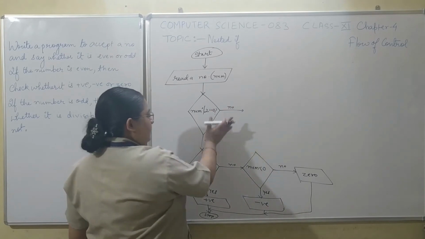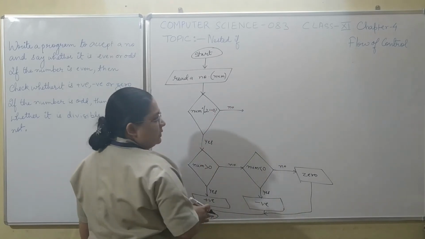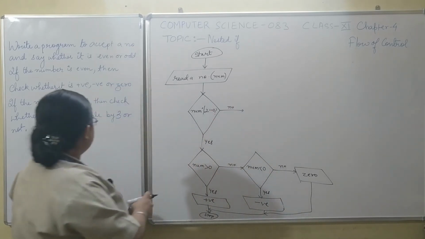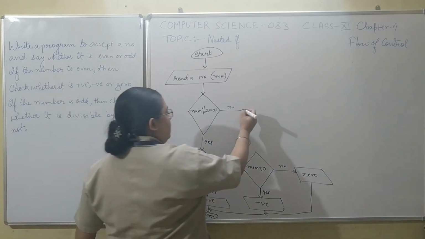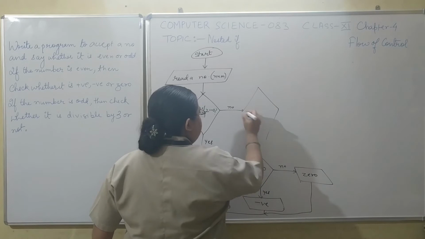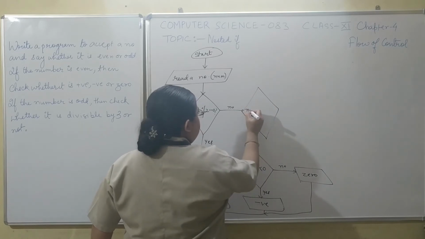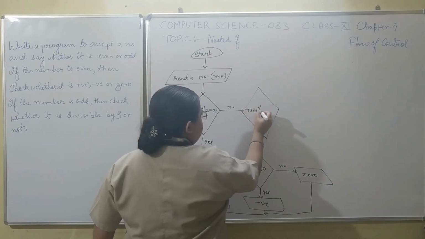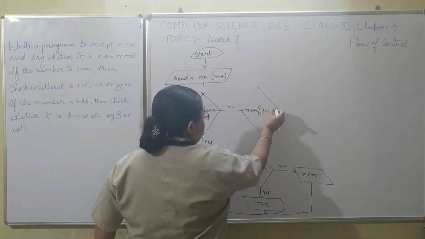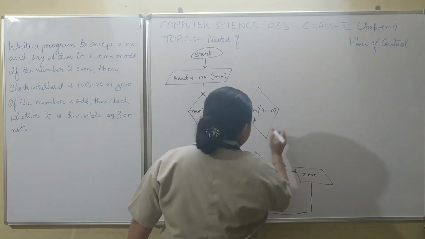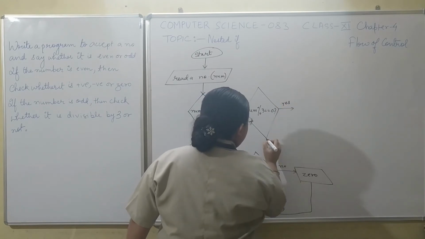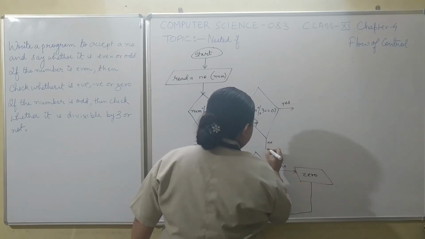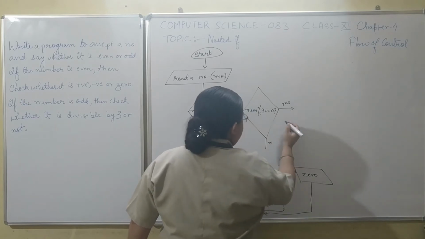Now we come to this part, if the number is odd. Okay, so what is to be done? We have to check whether the number is divisible by 3 or not. So again a decision box will be drawn here and it will be checked whether the number is divisible by 3 or not. So I'm writing yes over here for purposes of convenience and no over here.